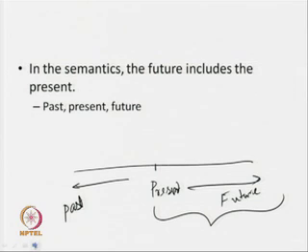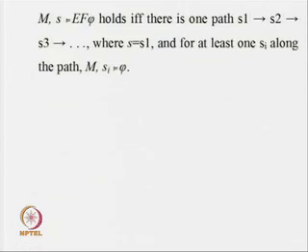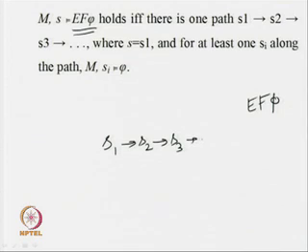Now, see why it happens. One simple example: let us look at how we have defined EF phi. We look at a transition path S1, S2, S3, and a particular state S of concern, where S equals S1, that is, the starting state of this path.